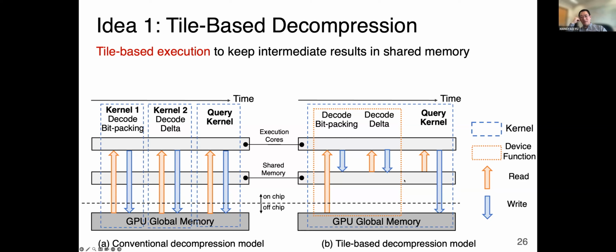After all of these decompression steps, you can also pipeline that with the query processing. You get the tile data and immediately do the query processing, like scan, filtering, and aggregation. Only then, at a pipeline breaker, do you write it back to global memory. So that's the general idea of tile-based decompression.